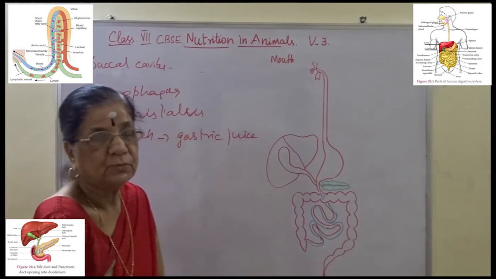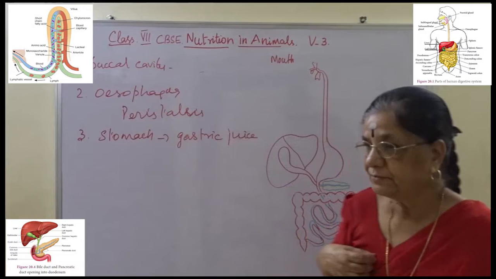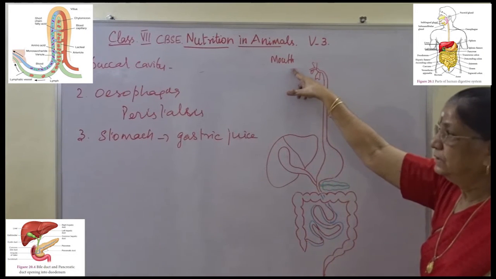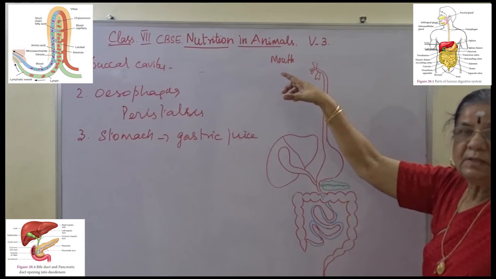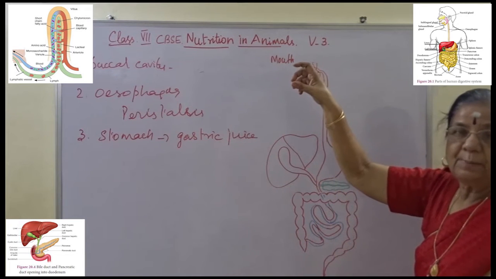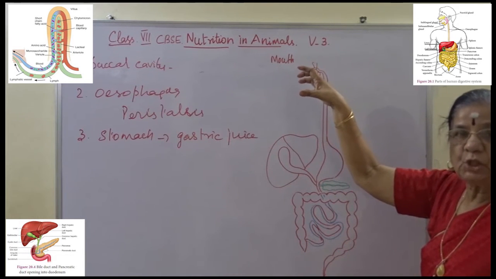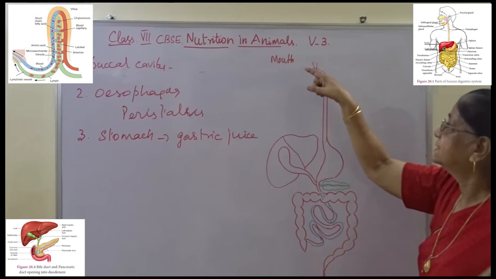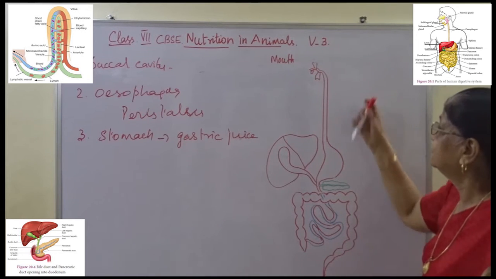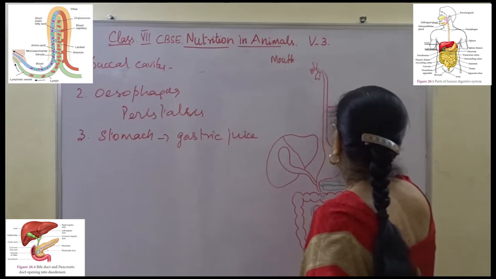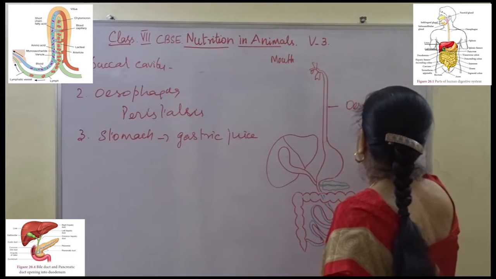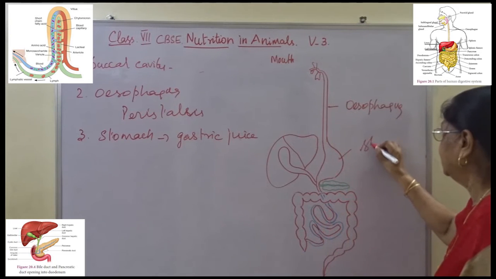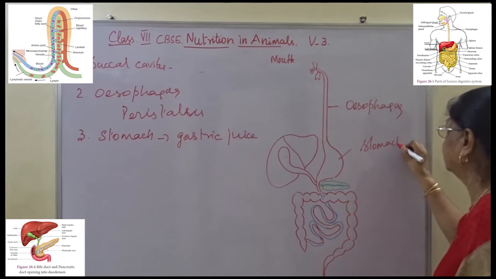Now the mouth with the buccal cavity, with the upper and lower jaw, heterodont teeth, and tongue, is continued as the esophagus. This is the food pipe or esophagus, and then that reaches the stomach.